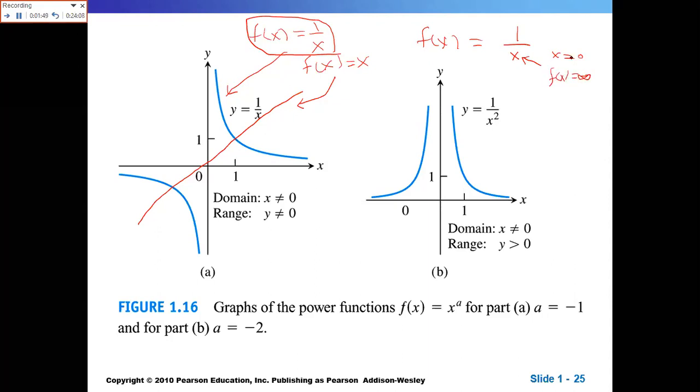But we don't want infinity, so in the domain we say any value except 0. That means I will put a union here: minus infinity to 0, union 0 to infinity.